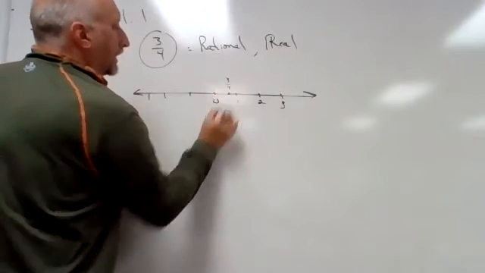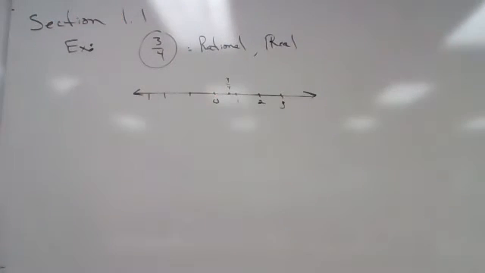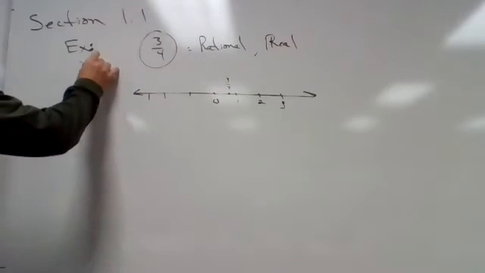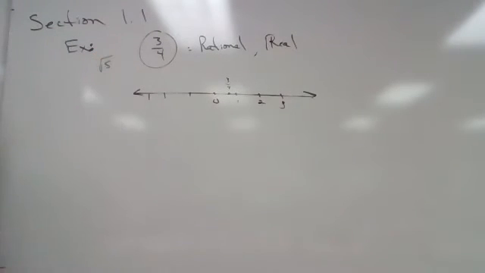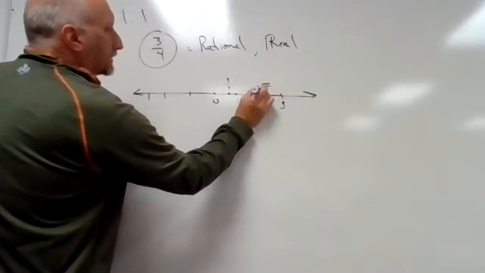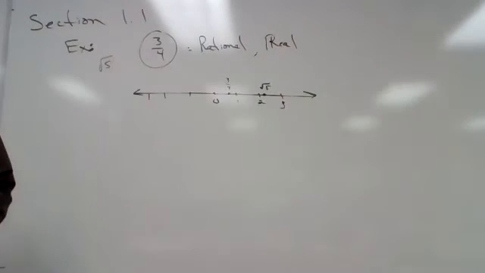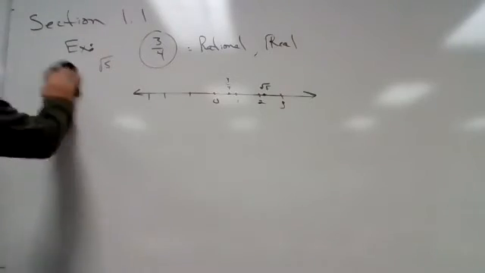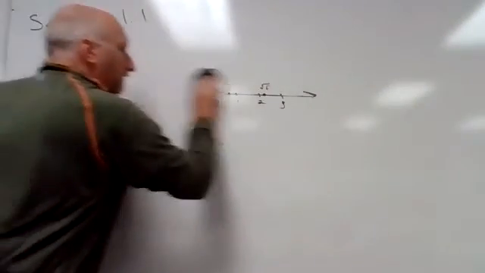So 3/4 might end up there on a number line. How about the square root of 5? Where does that end up on a number line? A little over 2, huh? 2 point something. So you're going to be asked to do that as well. Okay, so those are some real fun facts on number theory, number sets. Not all that exciting.